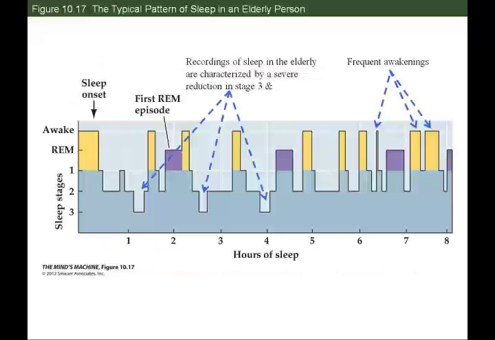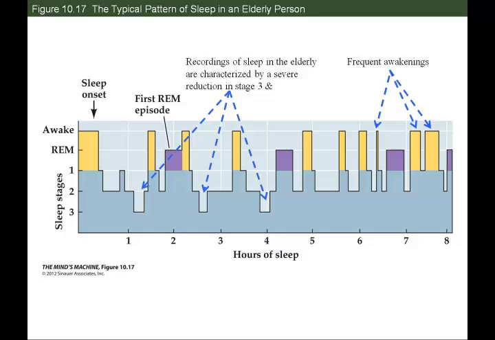Okay, so here is one for people 60 years of age or older. As you can see, the blue dashed arrows pointing at stage 3 show narrower bars, less and less time spent in stage 3. And more frequent occurrence of what?